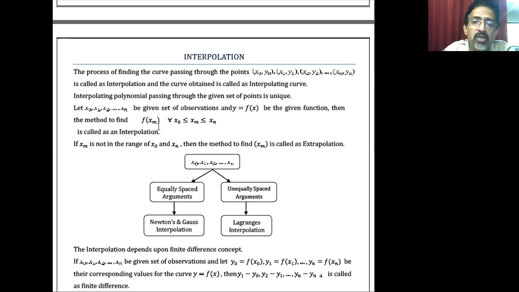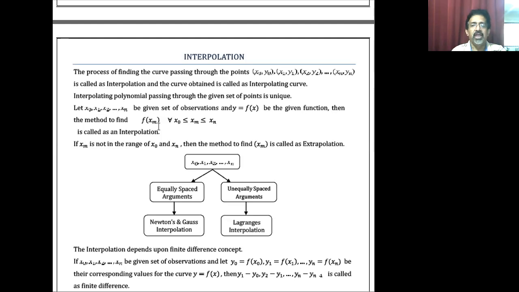So if x0 to xn are equally spaced, I am going to use either Newton's forward difference formula or Newton's backward difference formula. If x's are not equally spaced, that is, if unequally spaced x's are given, then I am going to use either Newton's divided difference formula or Lagrange's interpolation formula.